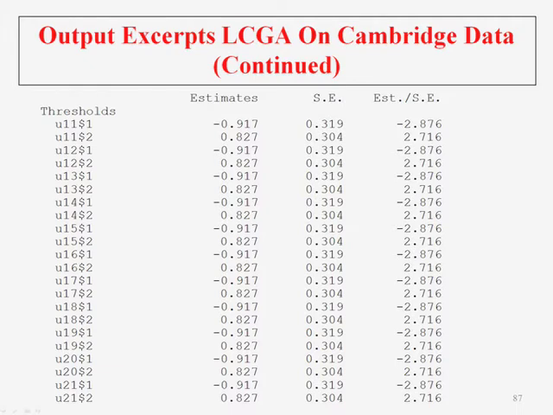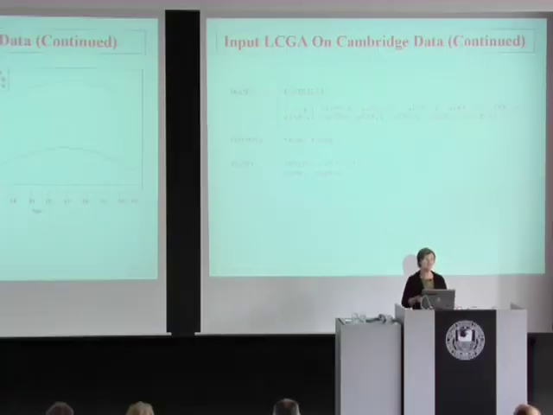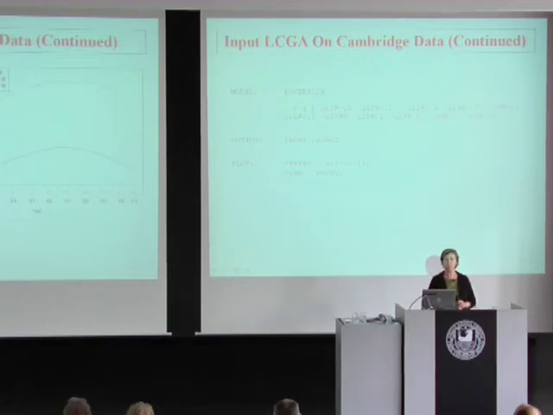Now, what's important that you didn't see in these results is we saw means for the growth factors, but we didn't see any variances, and we didn't see any covariances, because LCGA is a model that estimates growth trajectories, but does not allow any variability on those trajectories within class. So the variances of all the growth factors and their covariances are 0 for this model.